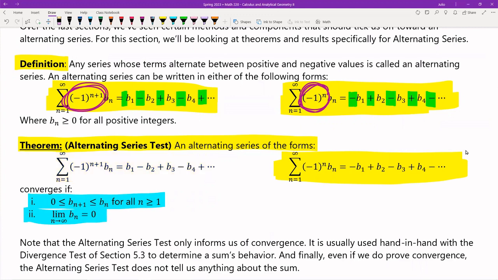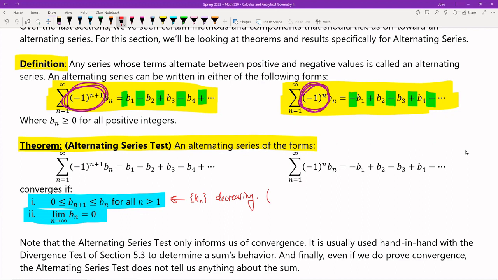The first one essentially states that b_(n+1) has to be smaller than b_n. So this means that your sequence b_n has to be decreasing. If you want, you can show it with calculus.